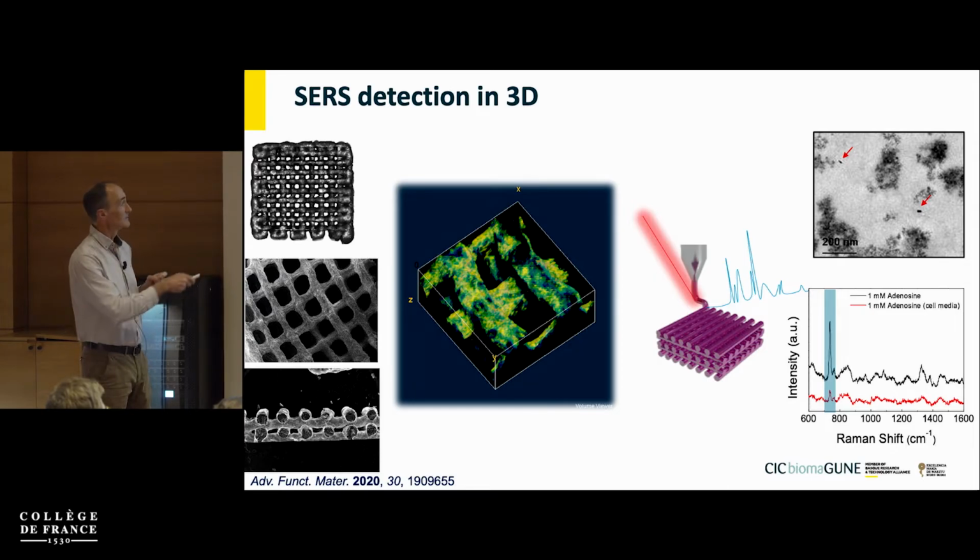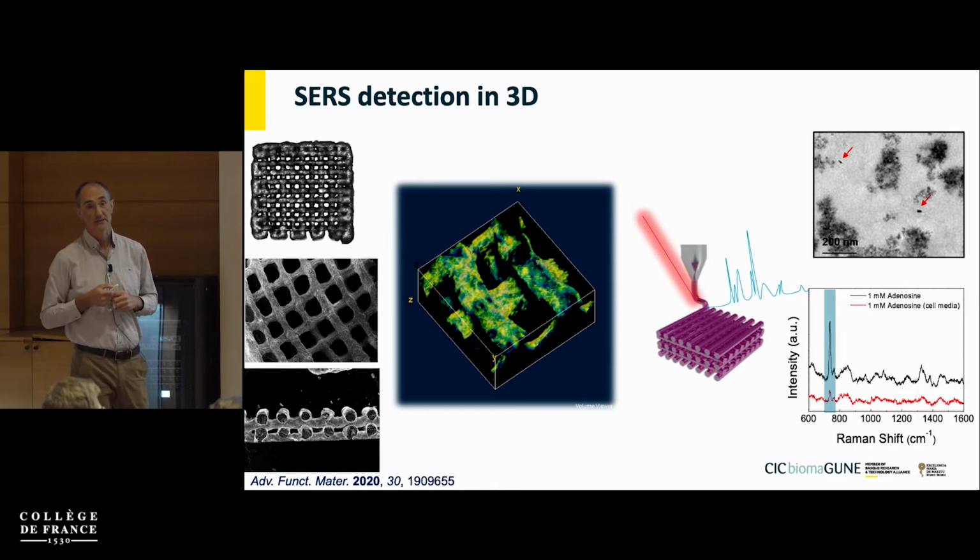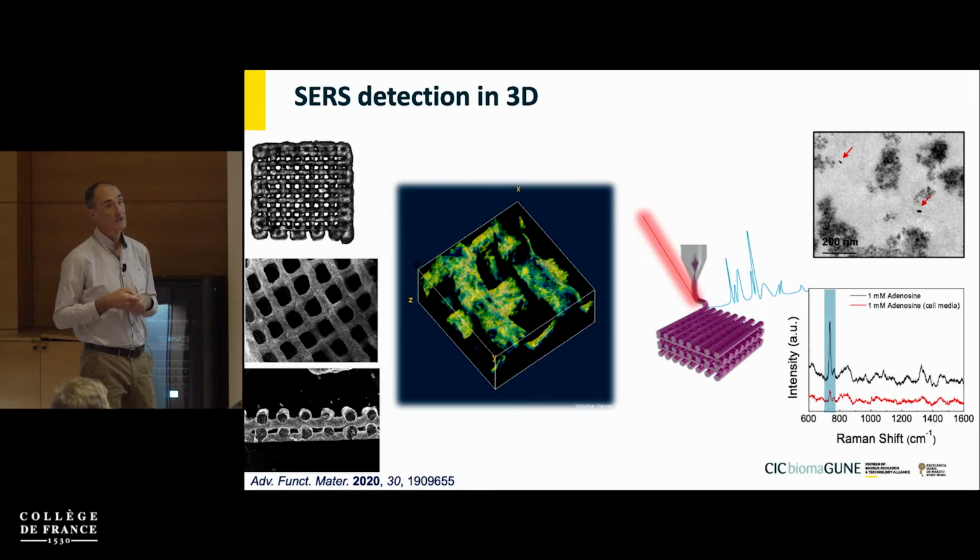And remember, the signal is only coming where the molecules that we're measuring have come into contact with the nanorods inside. So this image here is actually very revealing. It's showing not only that we can obtain the signal, it's showing that there is a very uniform distribution of the nanorods everywhere, so we can do space-resolved measurements within the same scaffold.